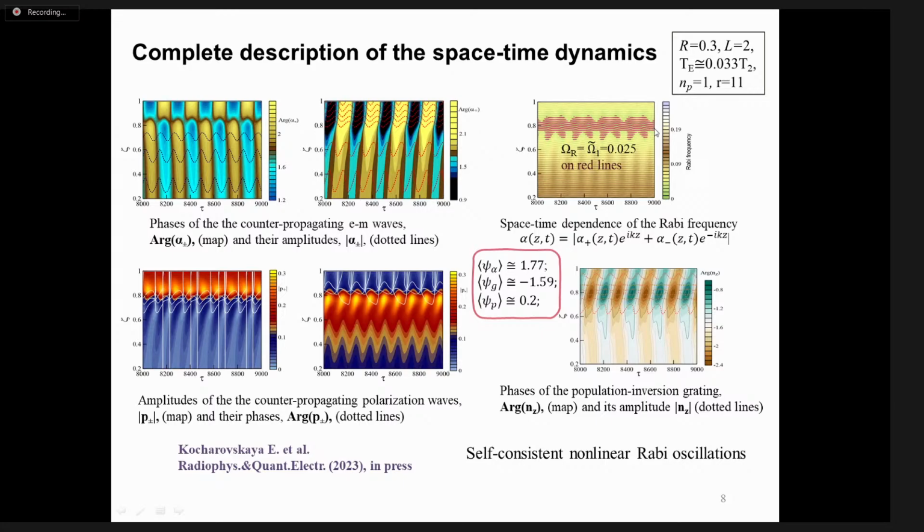And it is in this region that this polariton mode is excited self-consistently, and this is an inevitable feature of this superradiant asymmetric laser. There are always some polariton or electromagnetic modes which are excited due to these Rabi oscillations.